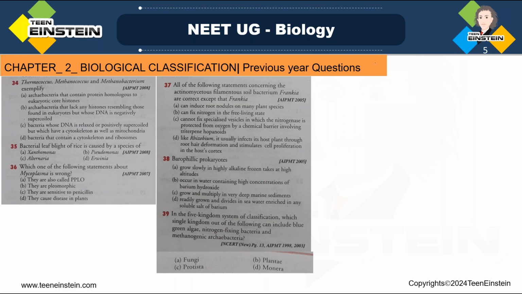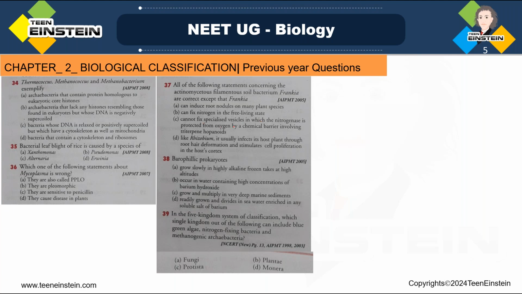Next, question number 37. All the following statements concerning the actinomycete, filamentous soil bacterium Frankia are correct, except that Frankia. Four statements are there. Frankia can induce root nodules on many plant species, or Frankia can fix nitrogen in the free living state.